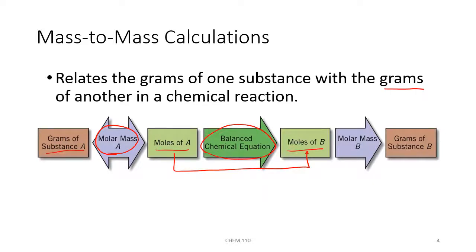Then often the answer will be asked for in units of grams, so we'll have to calculate and use a second molar mass of substance number 2 in order to convert it from moles into grams. So our outline of what we're going to do would be grams to moles, and then moles to moles using the chemical equation, and then moles back to grams of something else.